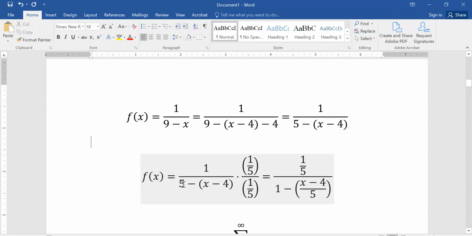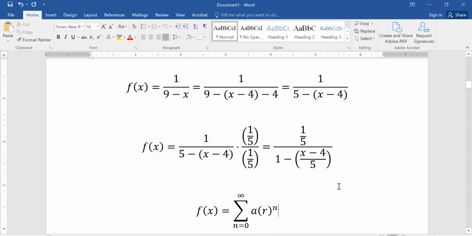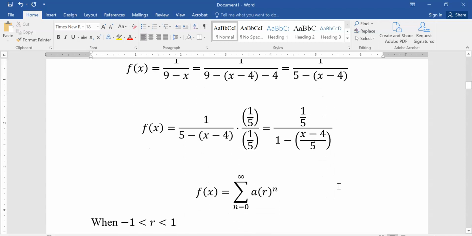In the previous case, it was 1/9. But since we have a 5 here, in order to turn that into a 1, multiply by 1/5. So you get 1/5 divided by 1 minus, well, we're going to get x minus 4 over 5 when you multiply 1/5 times x minus 4. By the way, x minus 4 over 5 is still centering this at 4. So that's perfectly all right.